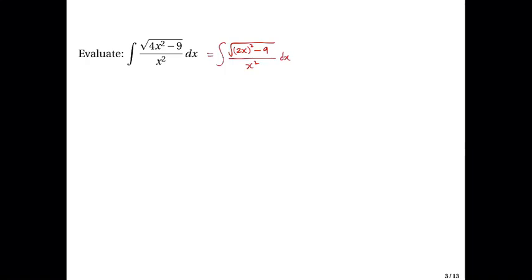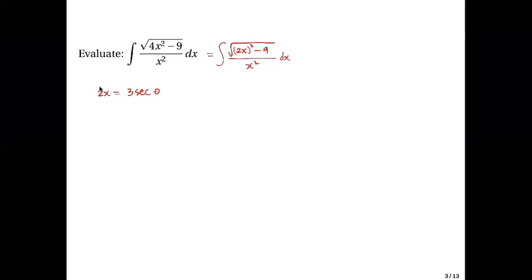So we can let u be equal to 2x. Okay? Actually, let's just set this 2x equal to 3 secant theta. Okay?